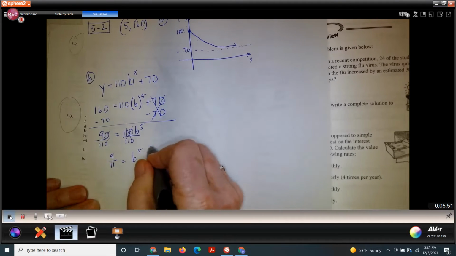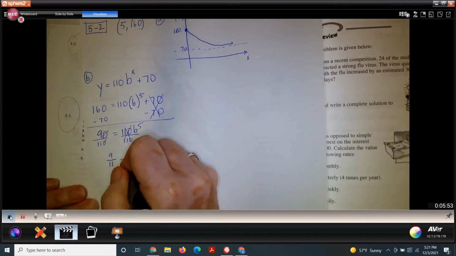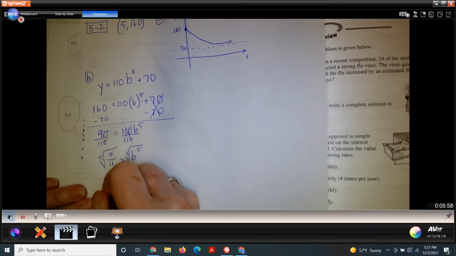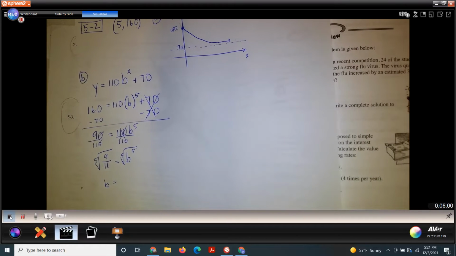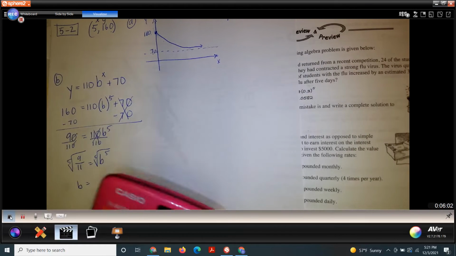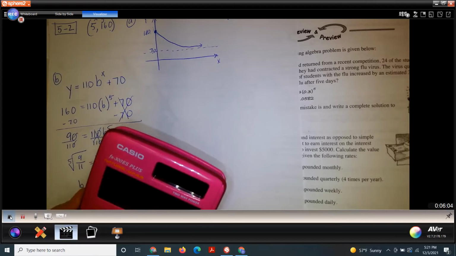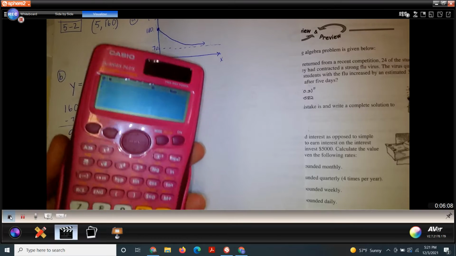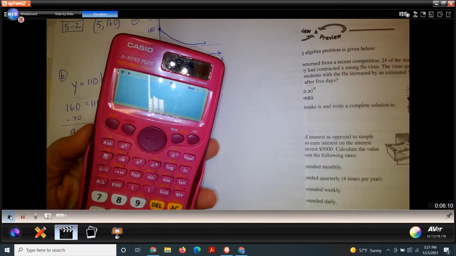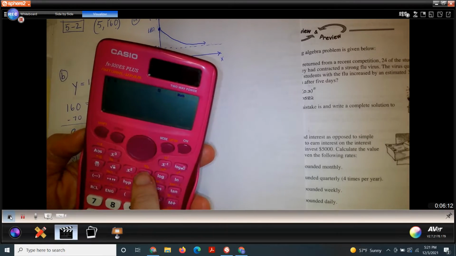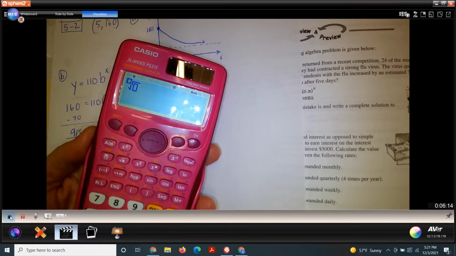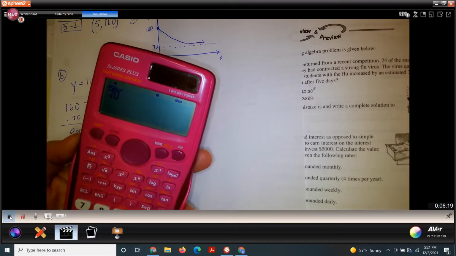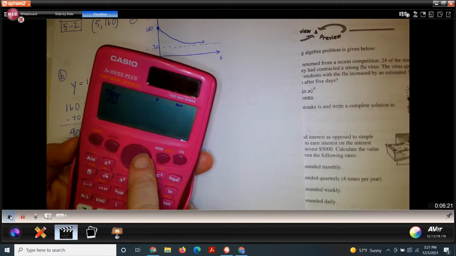And then I'm going to 5th root both sides to get rid of the exponent. And then I'm just going to ask my calculator, what is the 5th root of 9/11ths? So shift, on my calculator, I hit shift and then I hit, you can't see these buttons anyway, but you're going to have to figure out your calculator, or you can maybe use Desmos or something.